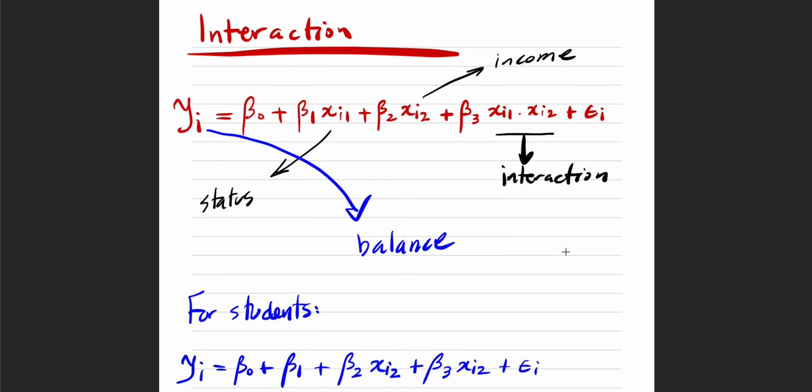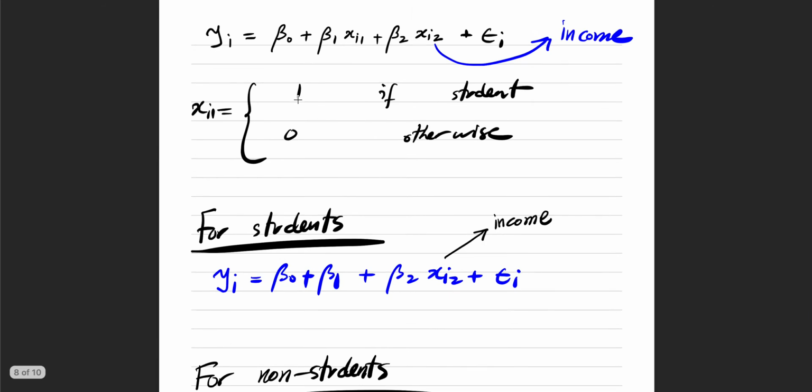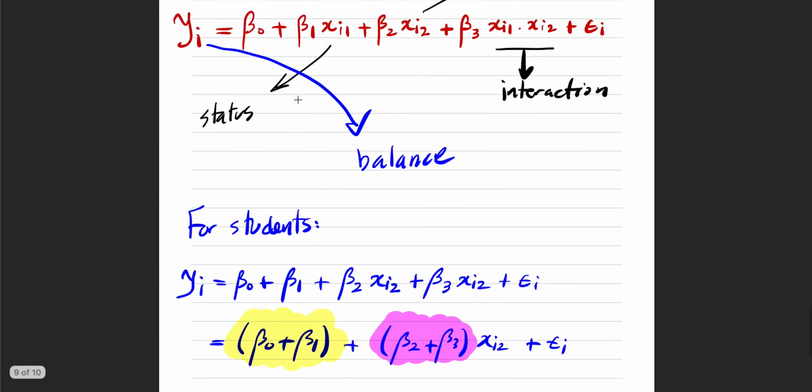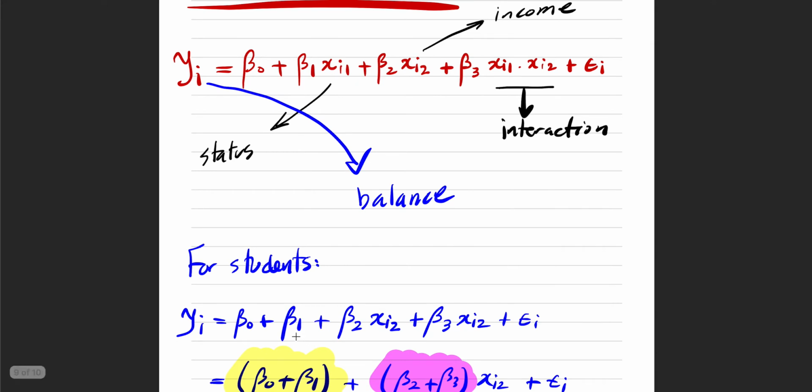So when there is interaction, the balance will depend on an intercept, the coefficient for status, the coefficient for income, and the coefficient for the interaction, plus irreducible noise. If the status is student, 1, then you have beta 0 plus beta 1.